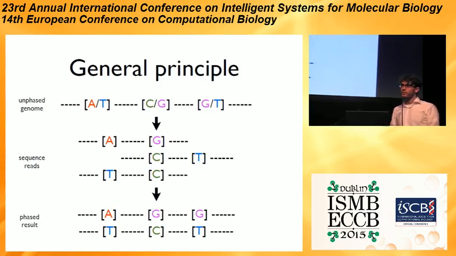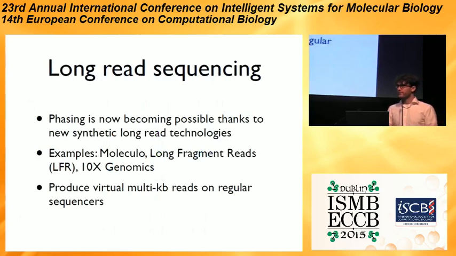Recently, however, this approach has started to be tractable thanks to new long-read sequencing technologies. And I personally became interested in this problem while working at a company called Moleculo that was developing one such technology.